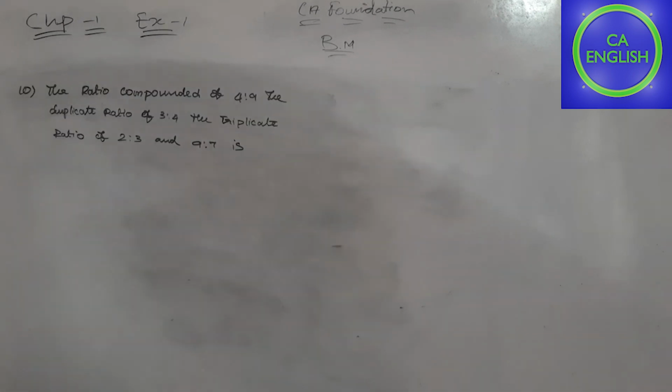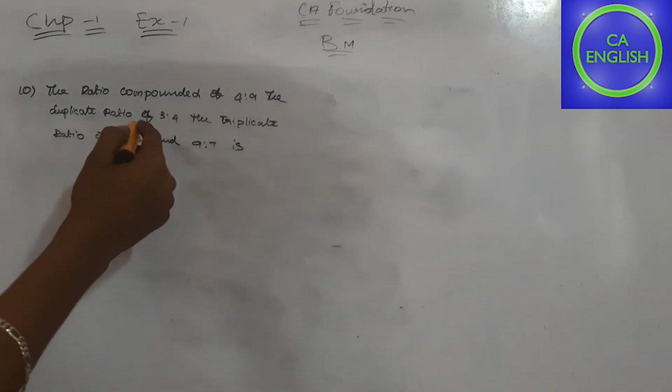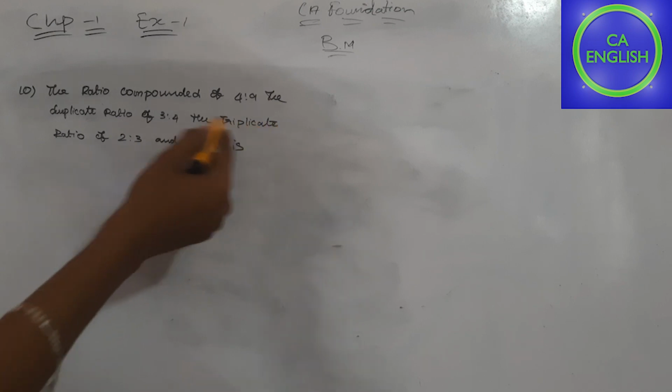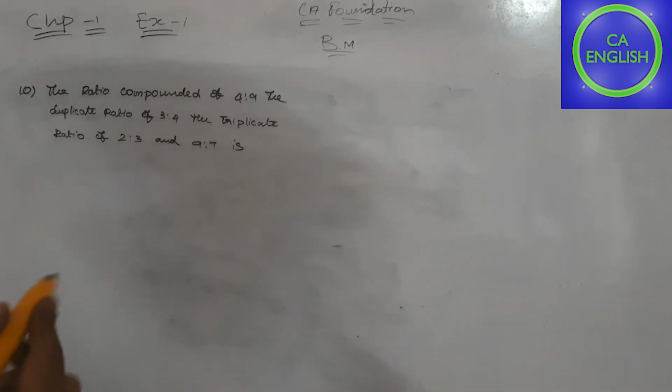The ninth sum is also like the 10th sum, the same genre of sums. The ratio compounded of 4:9, the duplicate ratio of 3:4, the triplicate ratio of 2:3 and 9:7 is what they are asking.